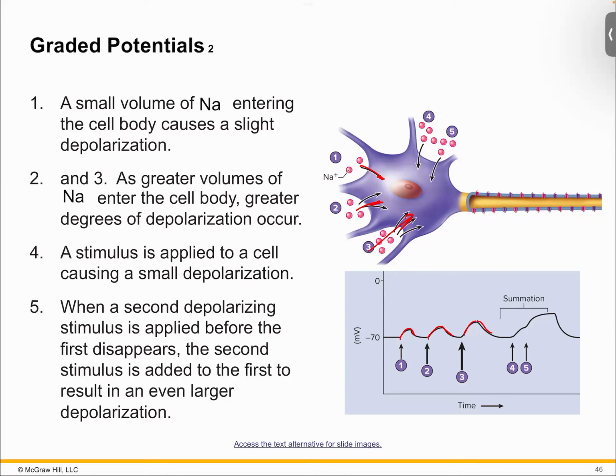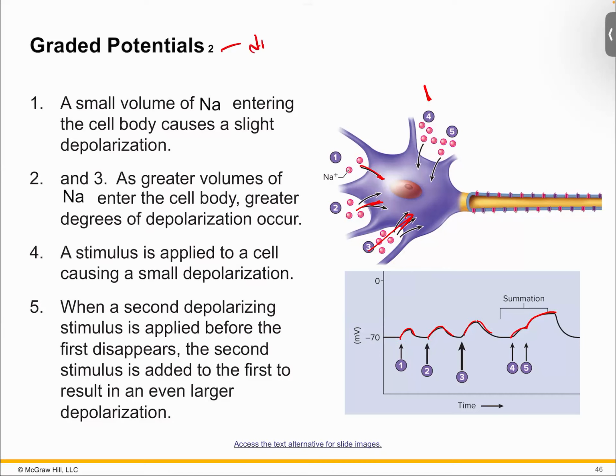You're getting bigger and bigger until 4 and 5. Basically, this is where all of them get summed together. So you get 4, which piggybacks onto 5, which then gets you to where you need to go, the full depolarization, right? So you can see that depending on your depolarization amount, that's why they call it graded, right? Because it's like a modulator.